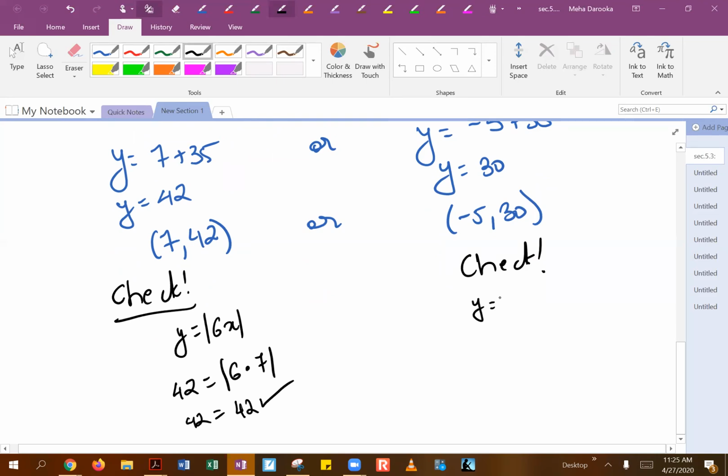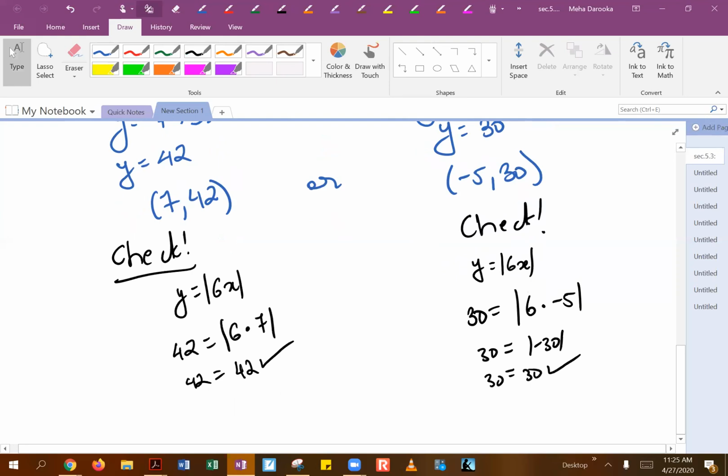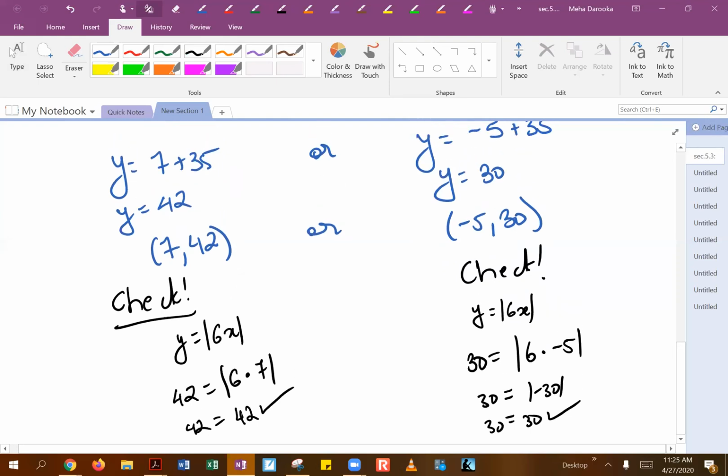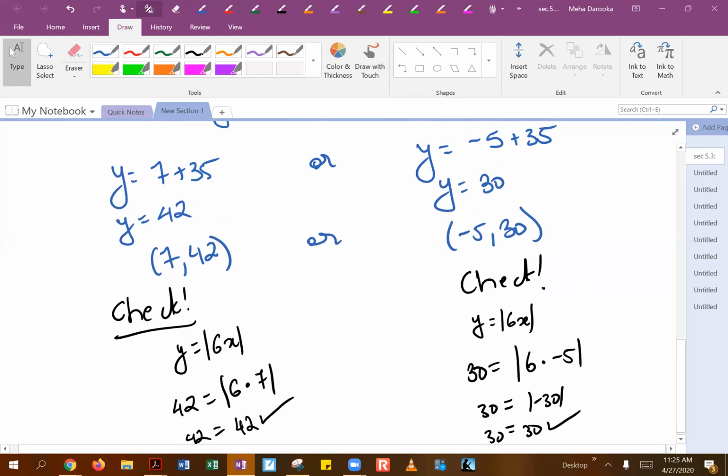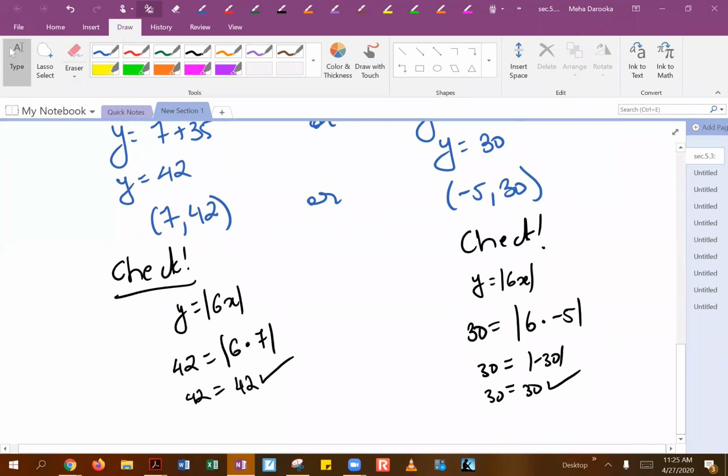For the second one, again using the same equation, y is 30, and then you have 6 times negative 5, which would of course give you negative 30, but we know the absolute value of 30 is going to be 30, so it's going to check for the second one also. And then of course, never a bad idea to check in both equations, so go ahead and check in the second equation and you should get the same result.